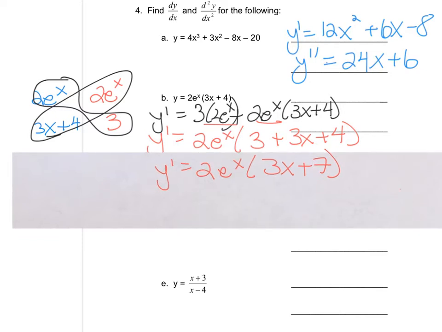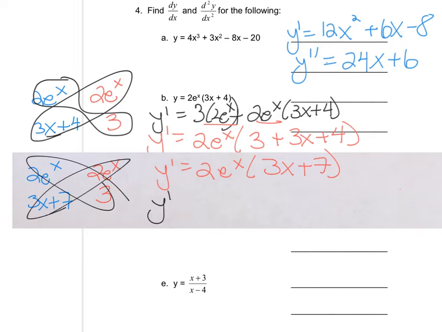So for the second derivative, I'm going to split up our product rule. Individually take the derivative of each. This way and this way. So the second derivative is 3 times 2e to the x plus 2e to the x times 3x plus 7.